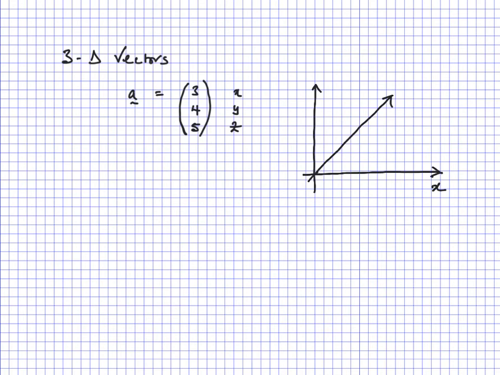This is the x-axis, this is the y-axis, and this is the z-axis. To get some idea of how this operates, try to imagine sitting at your desk in the classroom, and here's your desk here. And this would be the origin of the coordinate system.